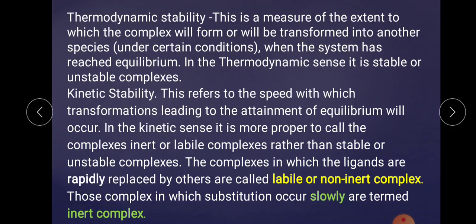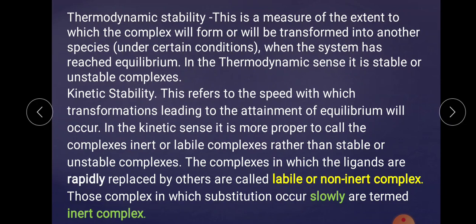For example, we take a reaction. Suppose A plus B, there is a formation of complex C. Now when A reacts with B, you give the reaction some time. Suppose 1 hour has been given to that reaction. After 5 minutes some product has been formed, and at 1 hour the maximum product has been formed.